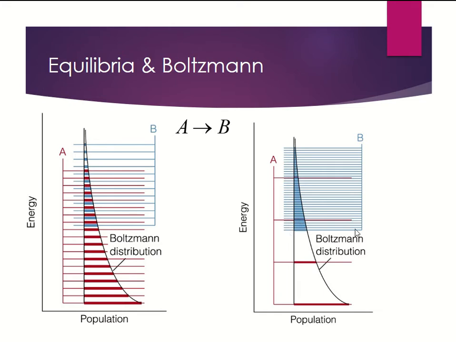So that means that even though it's an endothermic process, this represents a situation where the product energy level density is greater. So at equilibrium, we're going to have more products than reactants. So that's a simple statistical explanation for the point of equilibrium.